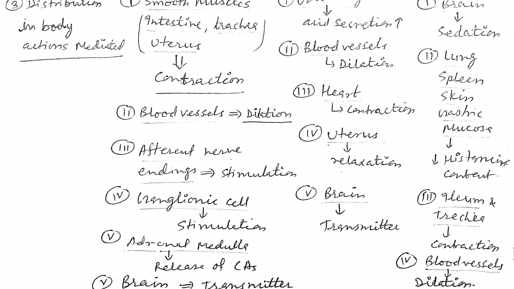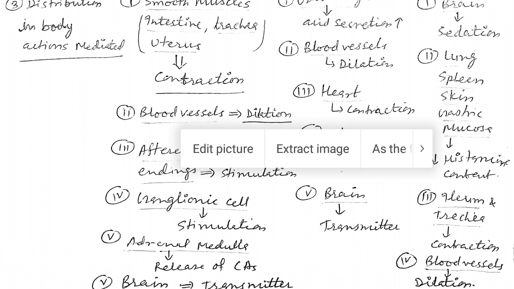So they decrease the histamine level. As I have told you, the H3 receptors exert the opposite actions of H1 and H2. They control the H1 and H2 action, so they lower the histamine concentrations.